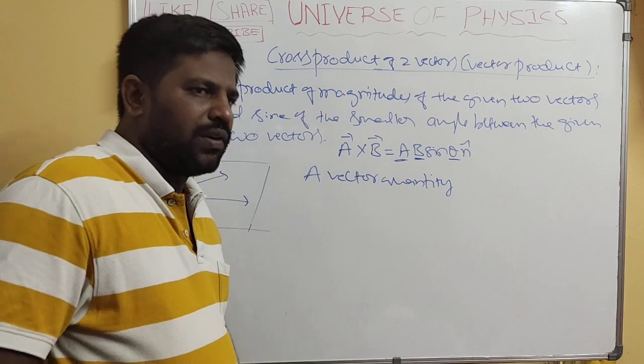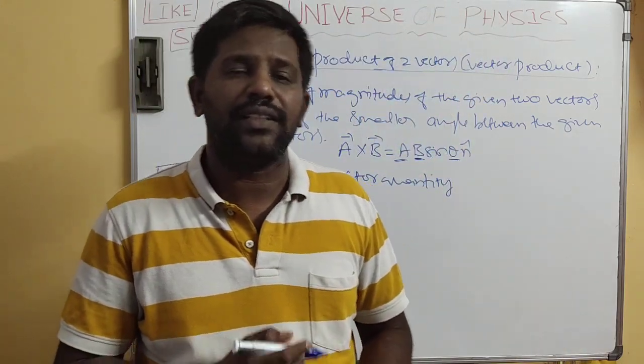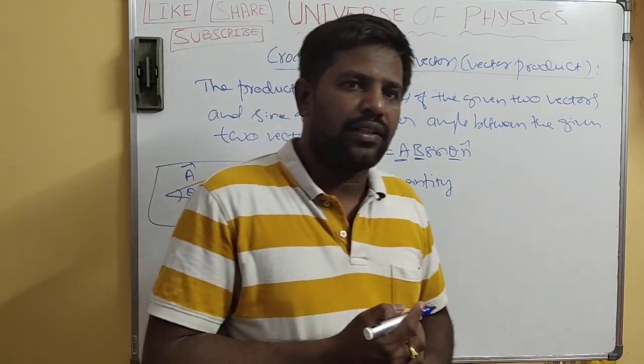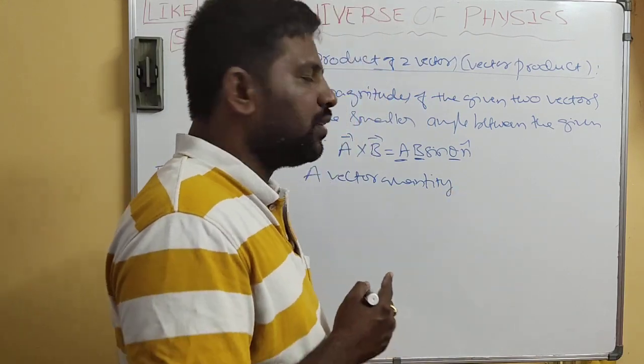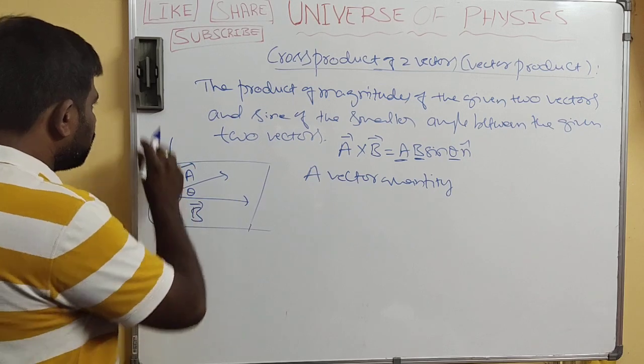Then what is the direction of that new vector quantity? Because it possesses both magnitude as well as direction. The direction of that vector quantity is always perpendicular to the plane containing the given two vectors.